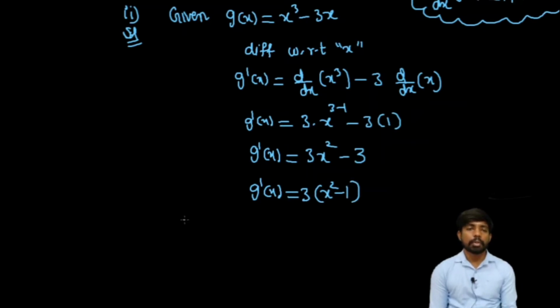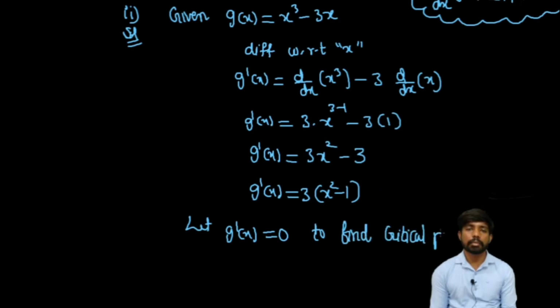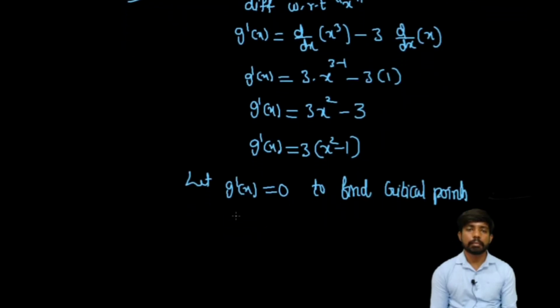Therefore, let g dash of x equal 0 to find the critical points. So 3 times x square minus 1 is equal to 0, and x square minus 1 is equal to 0.